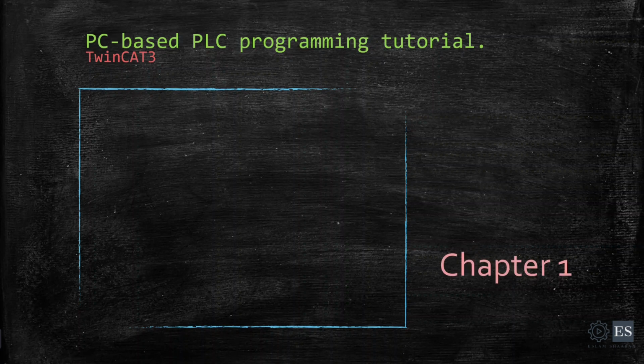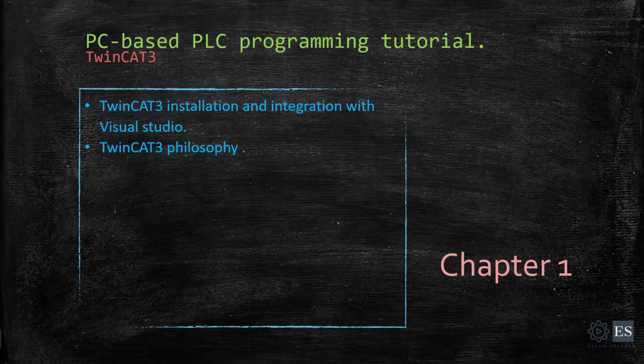In Chapter 1, we're gonna discuss and elaborate on the basic required knowledge needed to use TwinCAT 3 to create useful PLC software. The main headlines within this topic are TwinCAT 3 installation and integration with Visual Studio, TwinCAT 3 philosophy, understanding how TwinCAT works, and an intro to the software interface. The real-time and TwinCAT 3 tasks configuration.